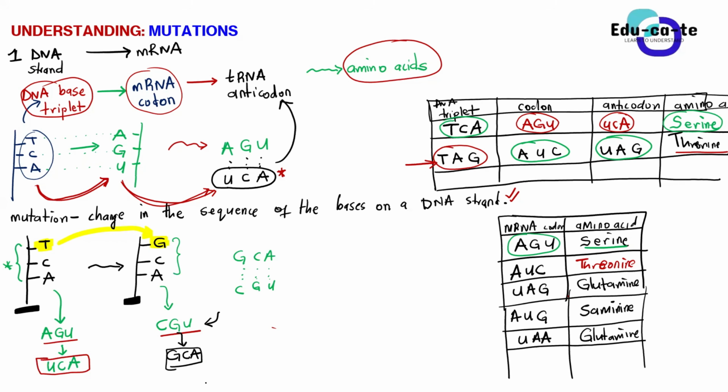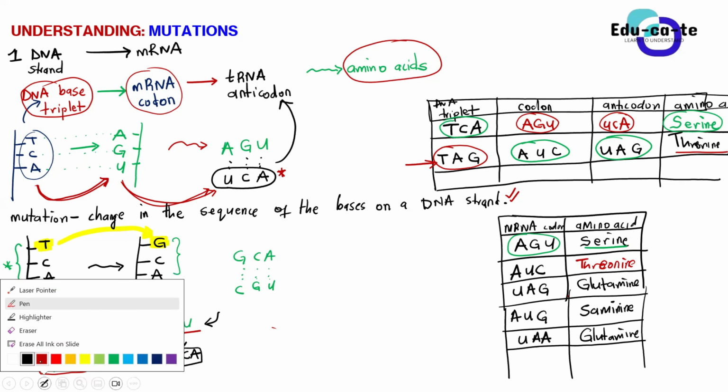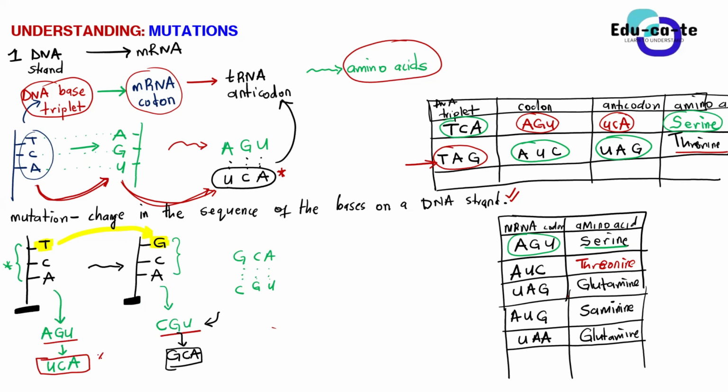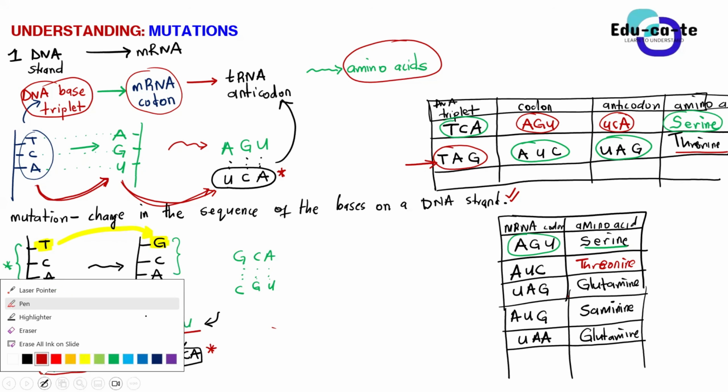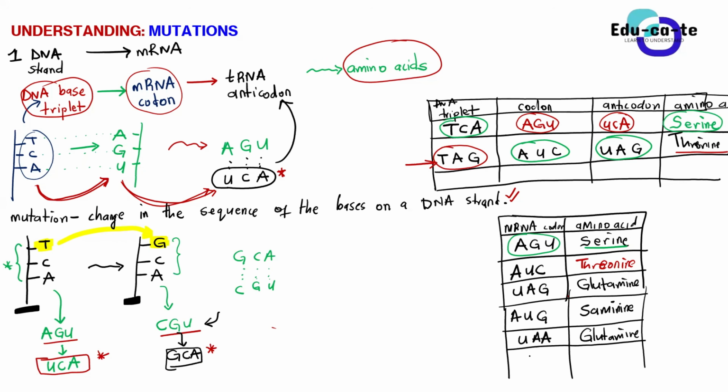But what's most important is the amino acid that will be brought. So how will you know the amino acids coming from UCA and from GCA? You go to the table. So let me just add here that I've got the mRNA codon CGU, and I will write an amino acid known as leucine in this way.